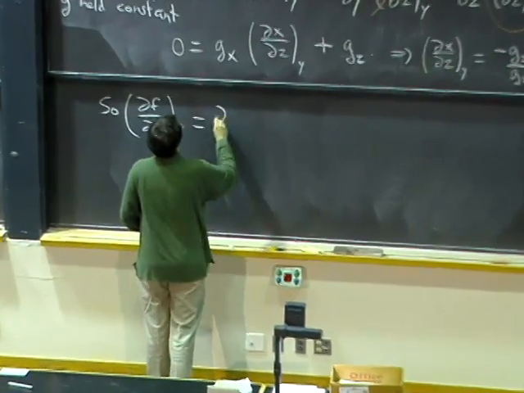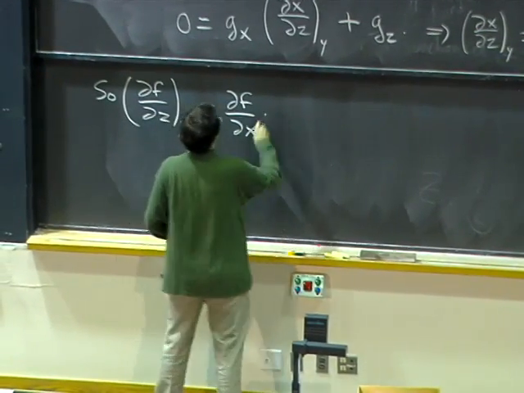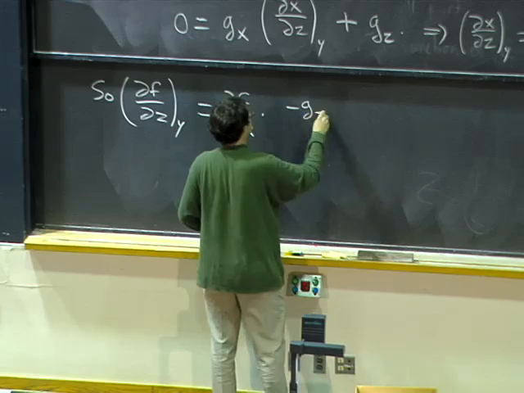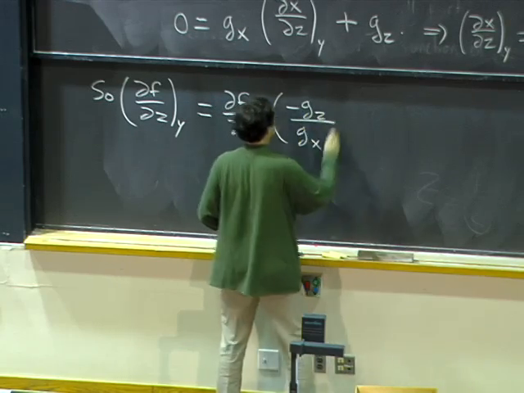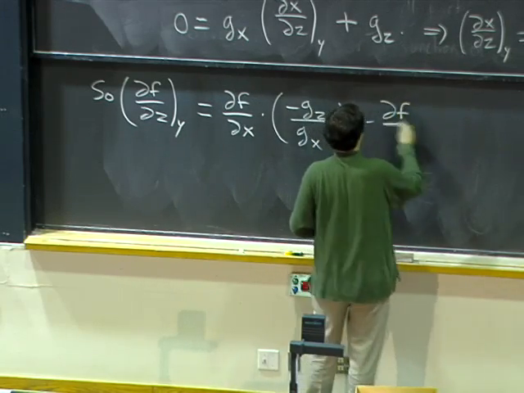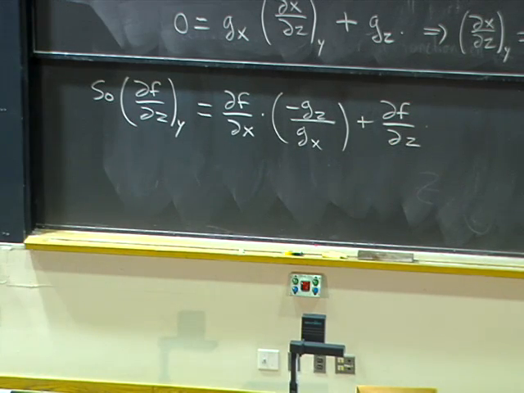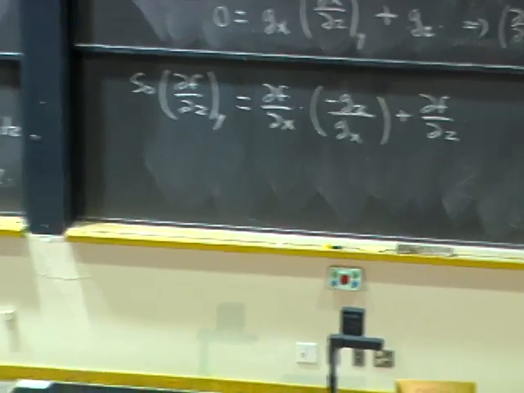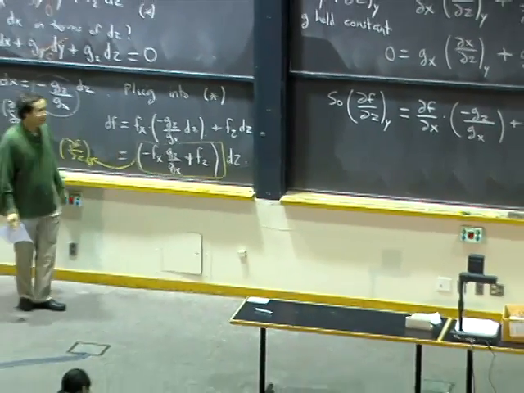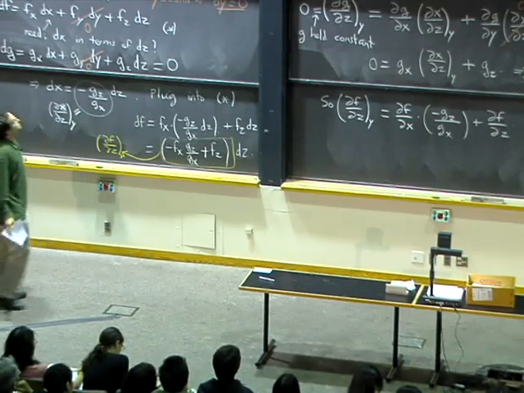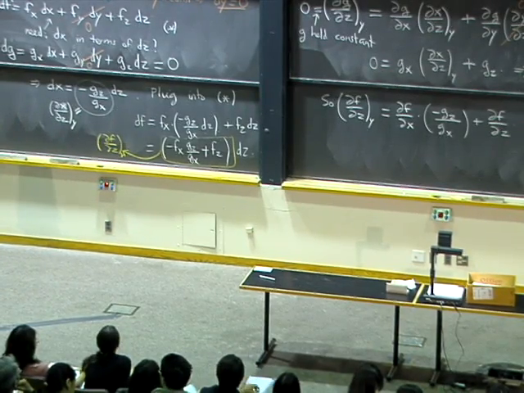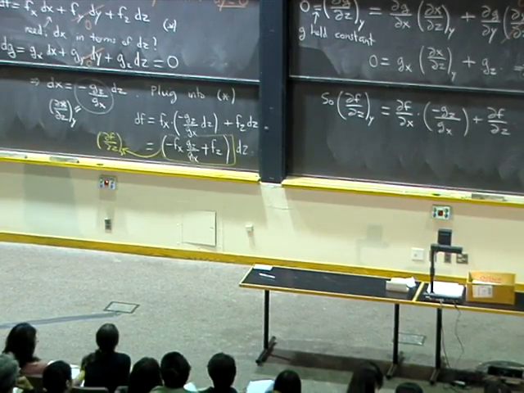So there was partial f, partial x times this guy, minus g sub z over g sub x, plus partial f over partial z. And you can observe that this is exactly the same formula that we had over here. In fact, let's compare these two methods side by side. I claim we did exactly the same thing, just with different notations.